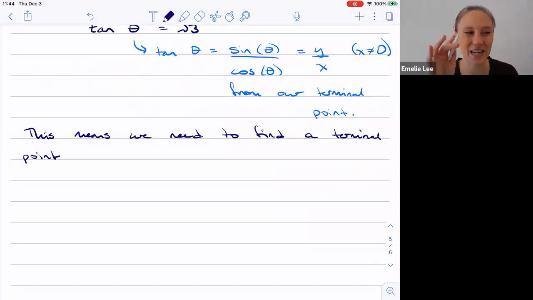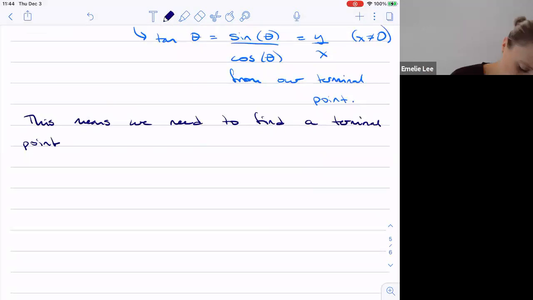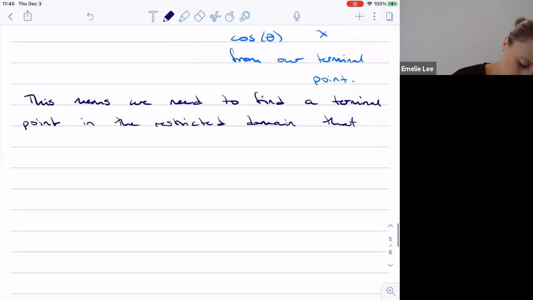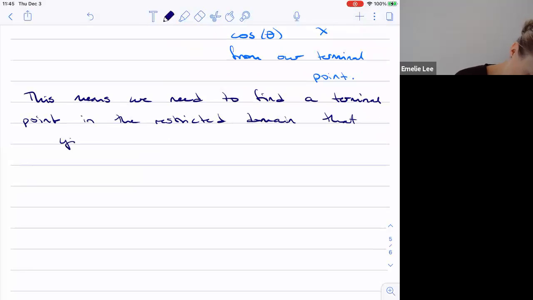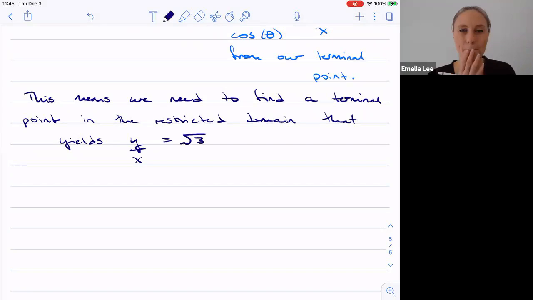The right-hand side of the unit circle, a terminal point in the restricted domain that yields y over x is equal to root 3.